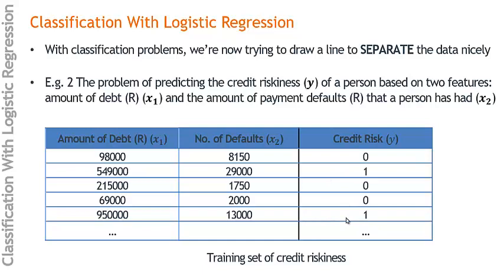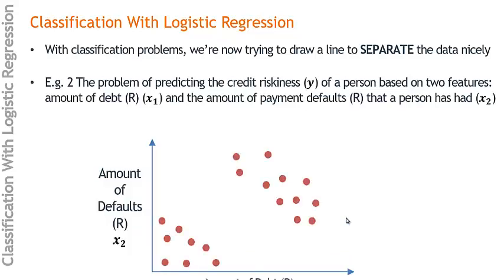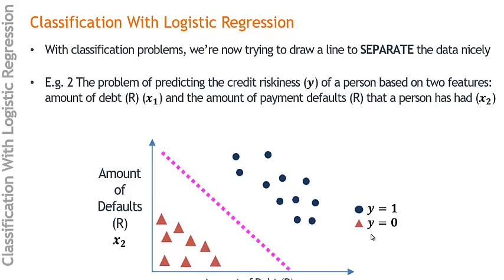And then we can plot the data. So these are the different data points, and these are the assigned values of y.